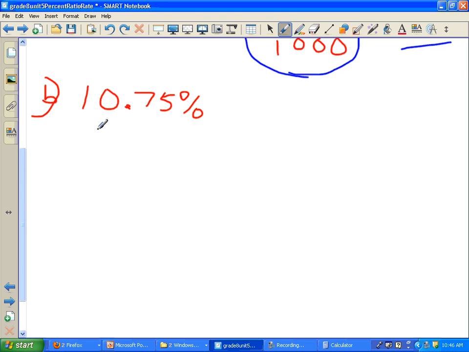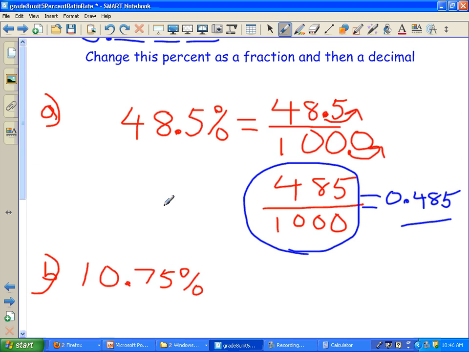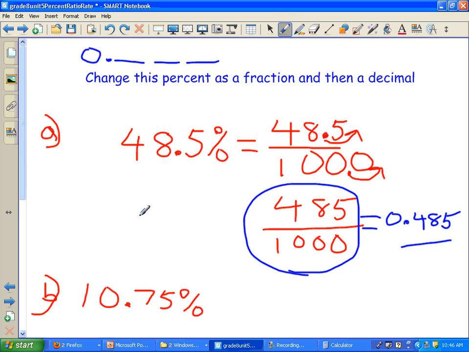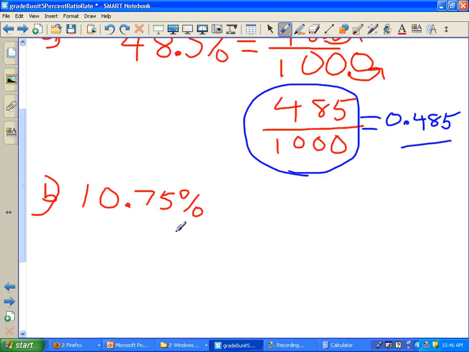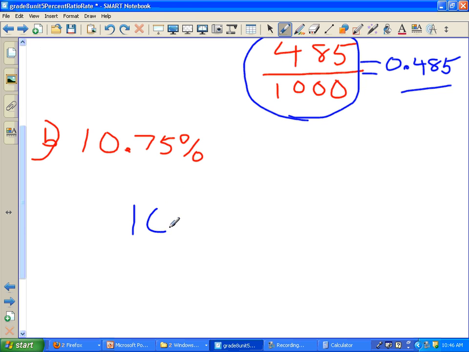So here's another one, 10.75%. So let's follow the same steps and change that to a fraction and then to a decimal. So we got 10.75, and remember, percent is out of 100.